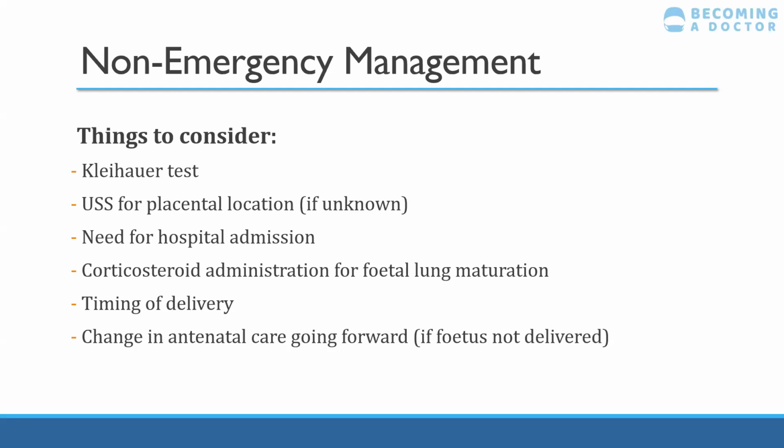If it's less than 37 weeks gestation, and both mum and baby are stable, then you would probably admit them to hospital for observation, and discuss whether they need to be delivered during that admission or at what time they would need to be most safely delivered.